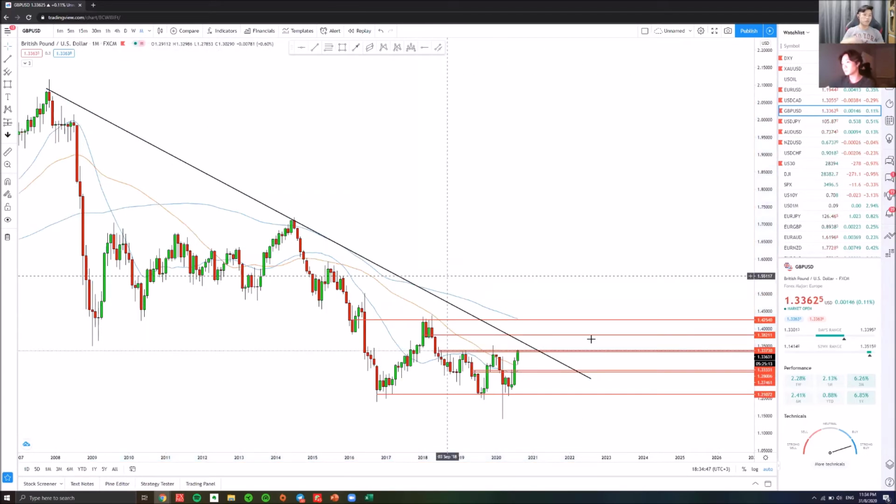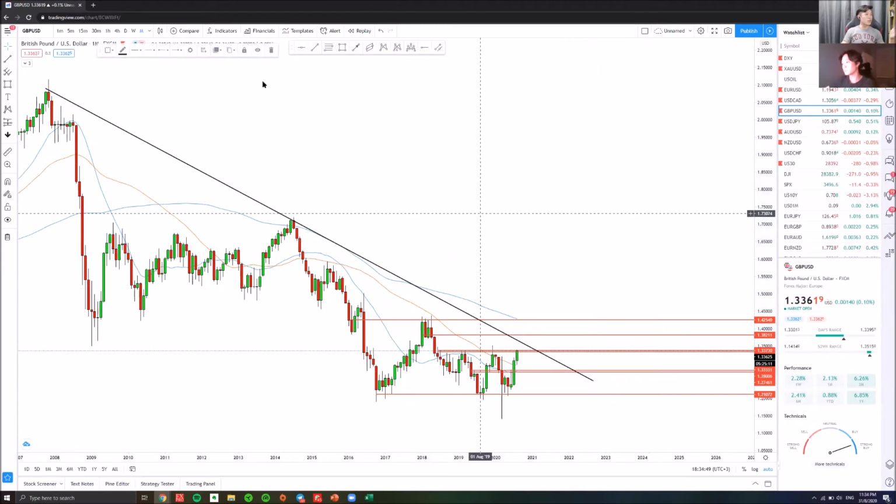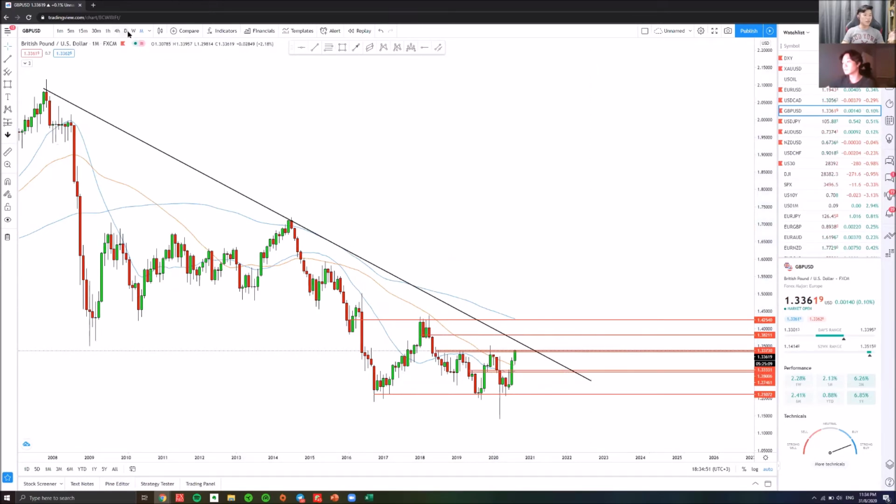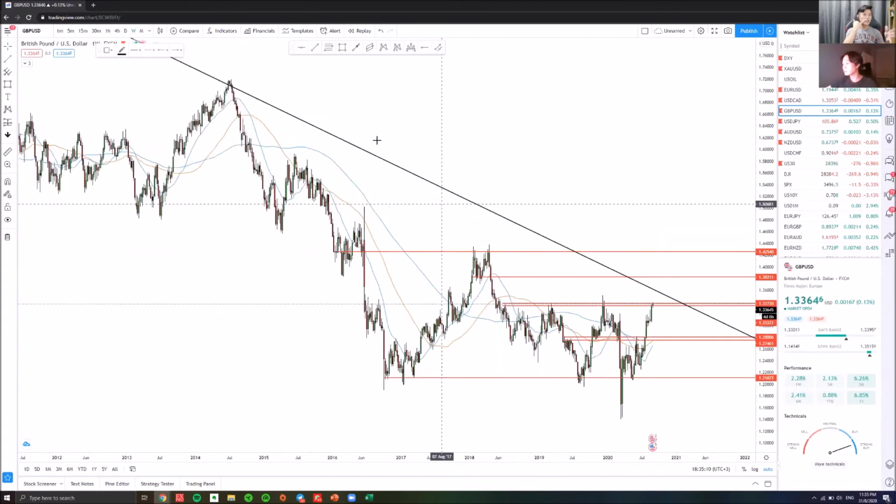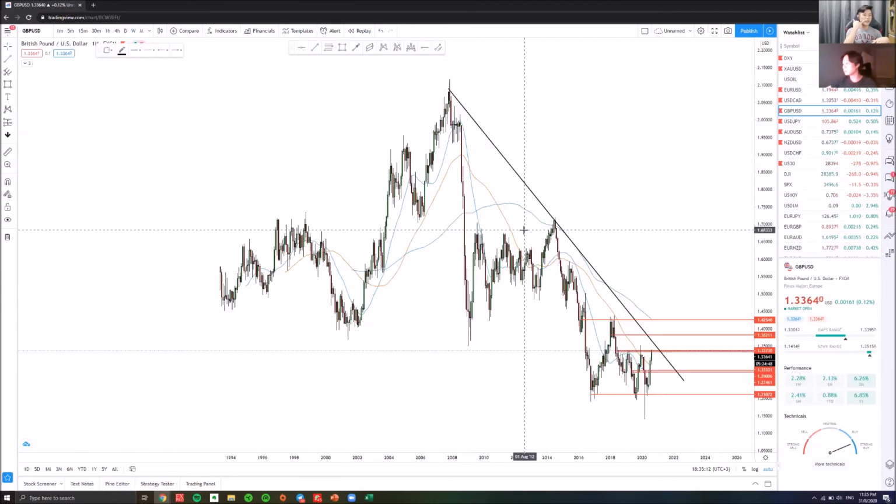And if you look at the monthly chart right here, the current uptrend is also about the same volume as the previous one. Yeah, these two.